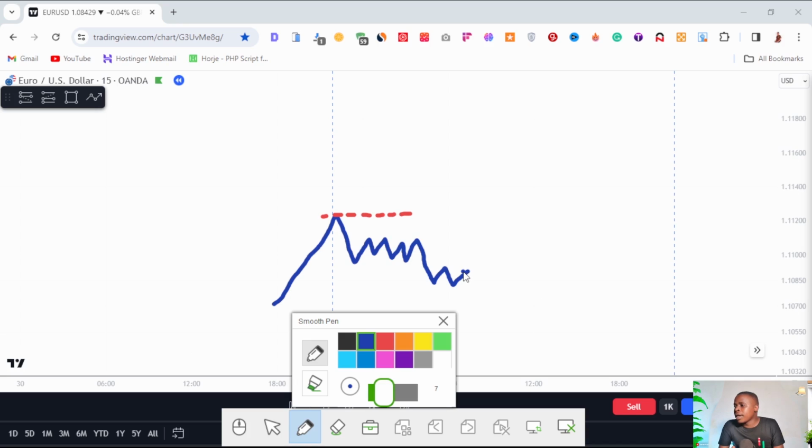But if the market by any chance goes and breaks past this zone, remember our zone is here. So this is our higher high. Once the market goes and breaks above the higher high, this is now a confirmed uptrend, right? And once I get that, I also mark this. I'm going to mark this green, and I'm going to say this is my lower high.